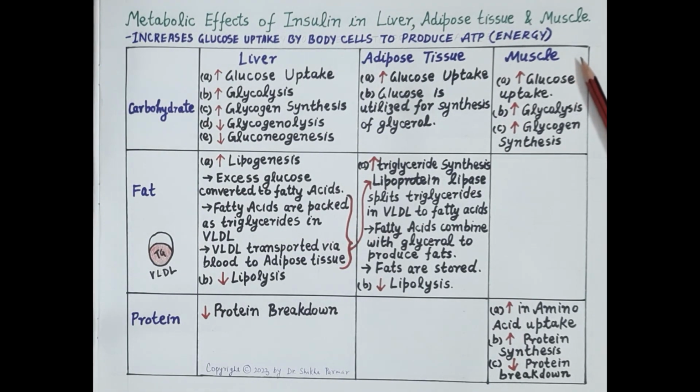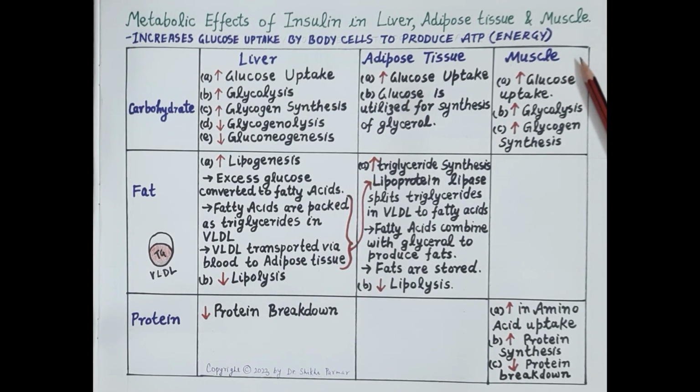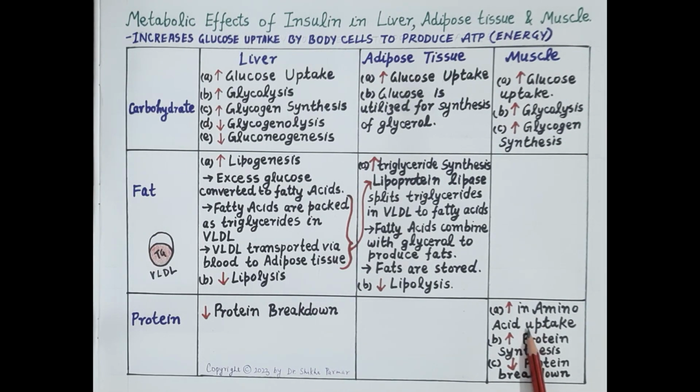Now, effect of insulin on muscles. Now, insulin stimulates uptake of glucose by muscles. Glycolysis increases. So, glucose is utilized to produce energy, that is to produce ATP. Now, excess glucose not utilized to produce energy is converted to glycogen and it is stored in the muscles. Now, insulin also stimulates increased uptake of amino acids from the blood into the cells of muscles.